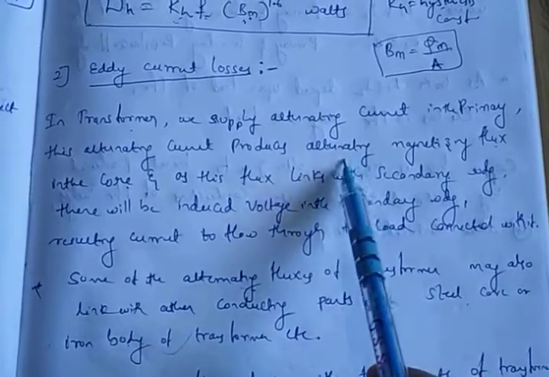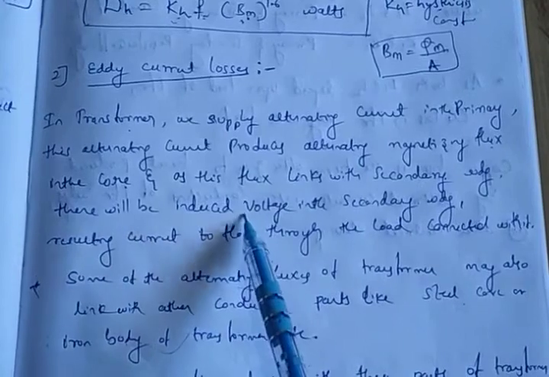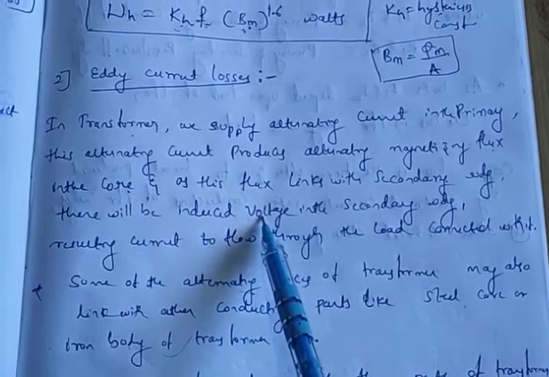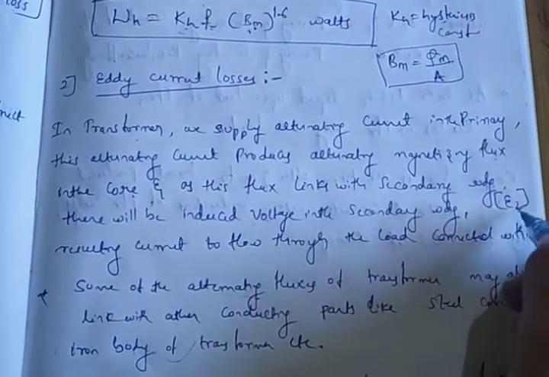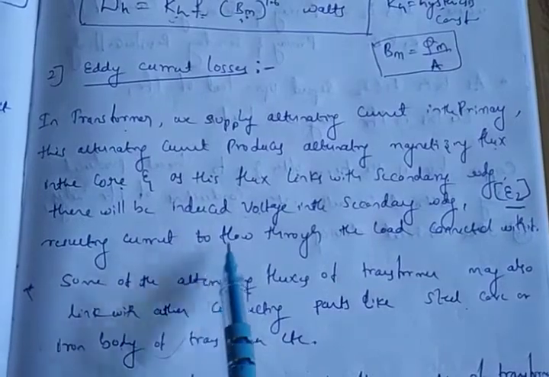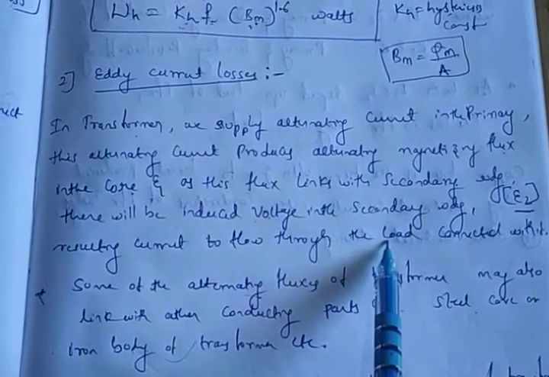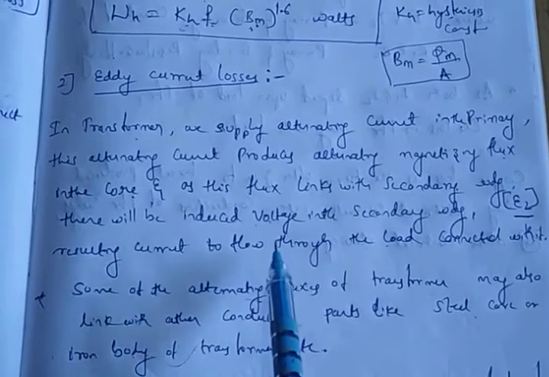Whenever this flux links with the secondary winding, there will be a secondary induced voltage E2, resulting in current flowing in the load side. This is the process we already know.